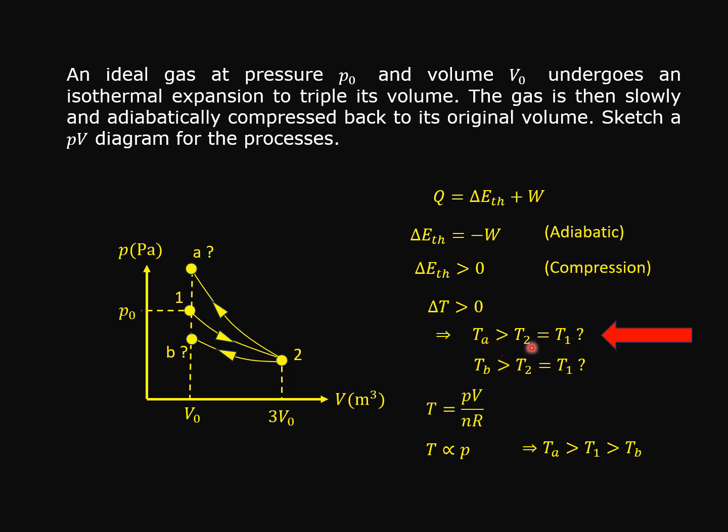These two are consistent. But for the curve from 2 to B, we have TB larger than T1, which contradicts the result that we obtained, where TA is larger than T1, which is larger than TB.